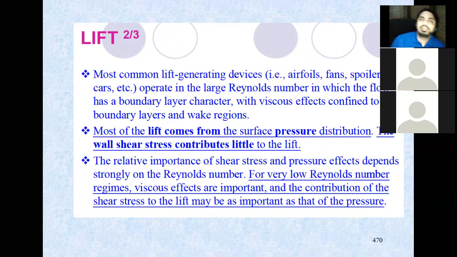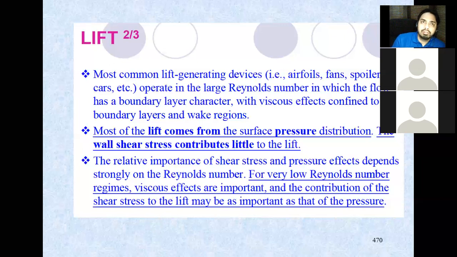In practice you may have this condition with a very viscous fluid like mud. If an object drops through the mud, the viscous effect or friction may be important to create the lift that overcomes the weight pulling it down. So that's one example.